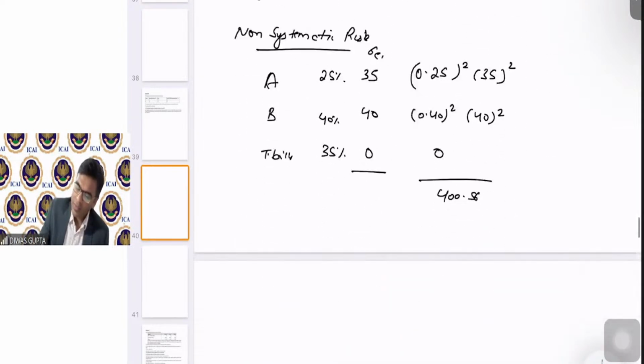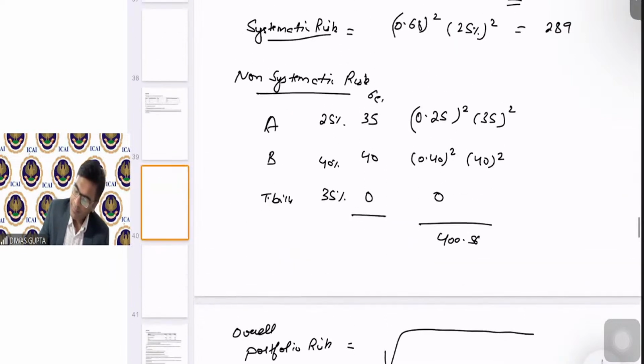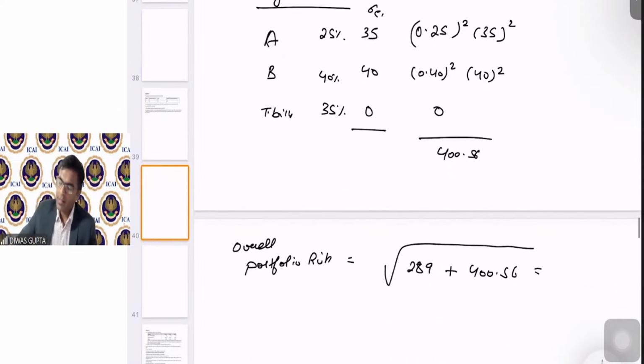Okay, then overall risk. 289 plus 400.56, which is equal to 26.26. Yes, Kusuma, Tanisha, Ambika. Yes, perfect. Ambika, good morning. Okay. I hope this is clear, students.